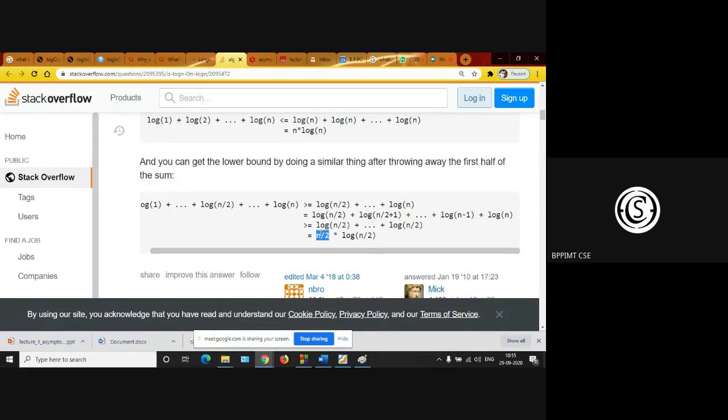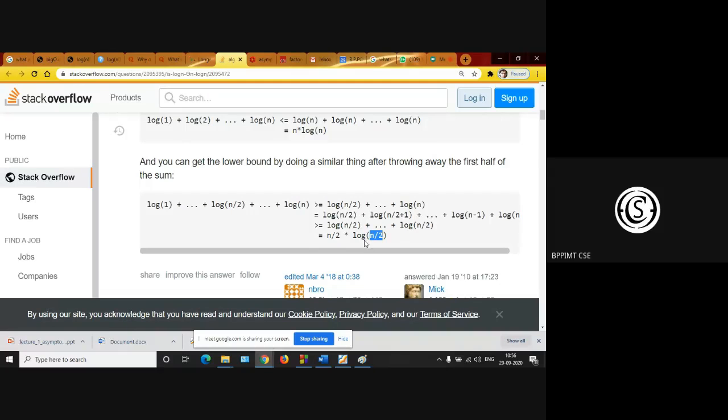So n by 2 times lg n by 2. So this entire series lg 1, lg 2, lg 3 up to lg n is greater than or equal to n by 2 into lg n by 2.